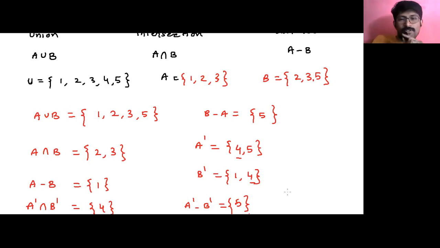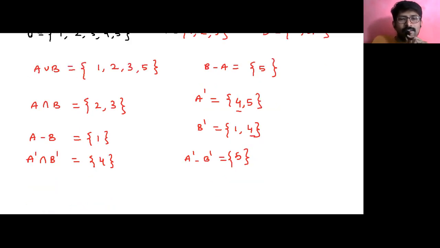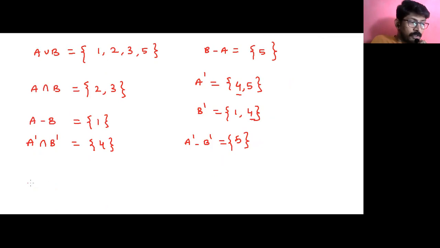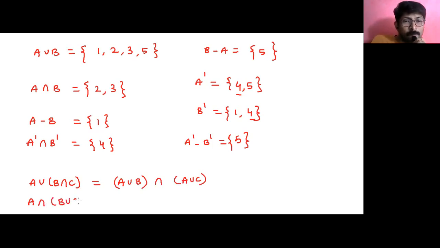Okay, यहाँ पर कुछ distributive laws भी हैं which I'll explain to you all in a while. So what is the distributive law? A union B intersection C क्या बनेगा? A union B in one bracket intersection with A union C, या फिर vice versa, A intersection B union C क्या बनेगा?